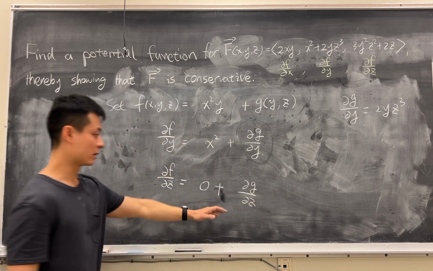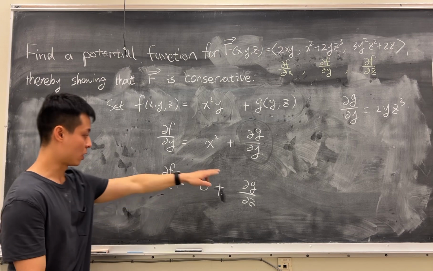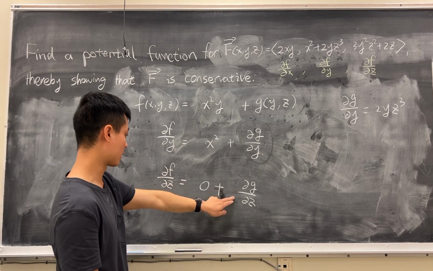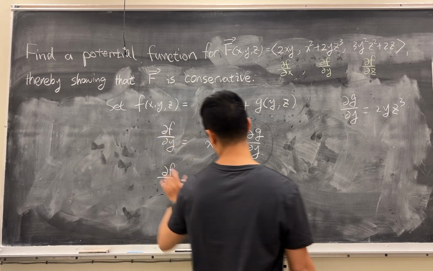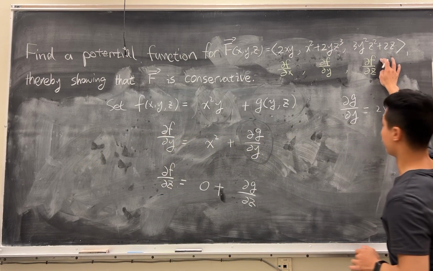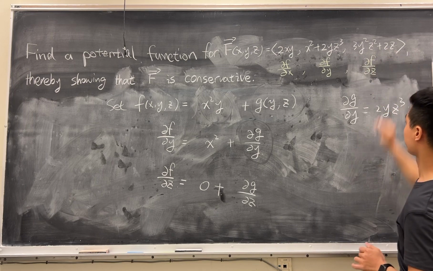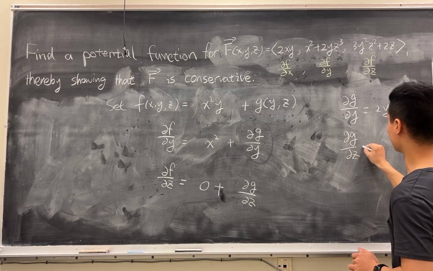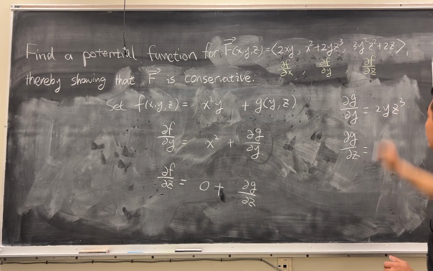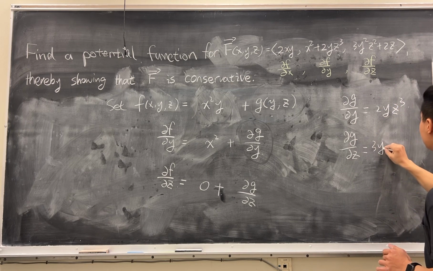We can see from this equation that partial g, partial z is exactly partial f, partial z. We have been given what partial f, partial z is, so we write it on the side: partial g, partial z is 3y squared z squared plus 2z.